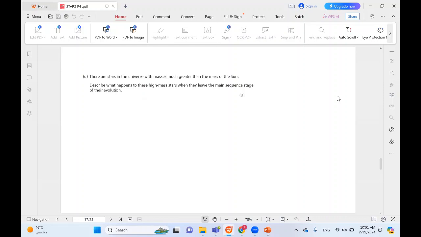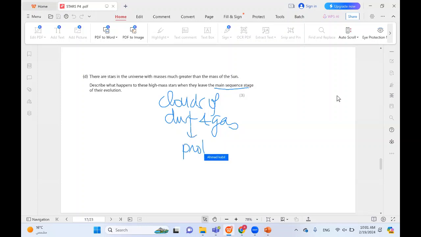There are stars in the universe with masses much greater than the mass of the sun. Describe what happens to these high mass stars when they leave the main sequence stage. So the main sequence is up until when we have the stable star. We said we have clouds of dust and gas. This is followed by protostar, which is followed by stable star.